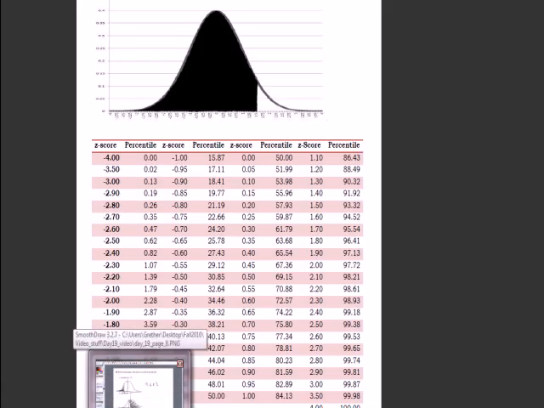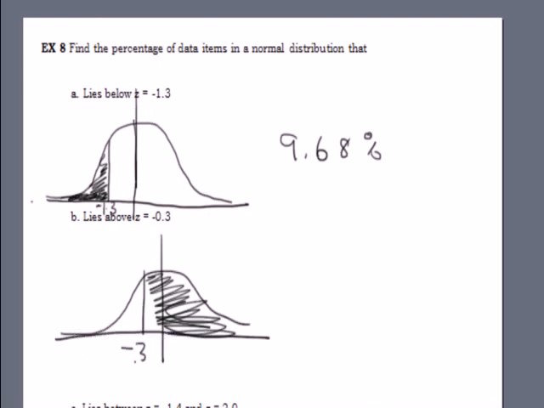Coming back over here, looking at the notes, what that's telling me is that this amount over to the left, below negative 0.3, is 38.21, which means the part I care about here, in black, is not 38.21.